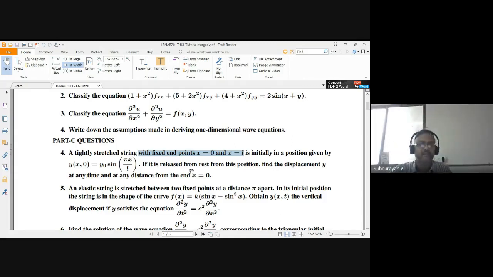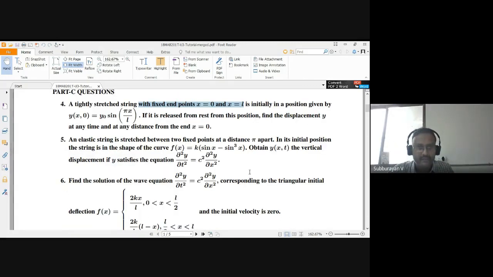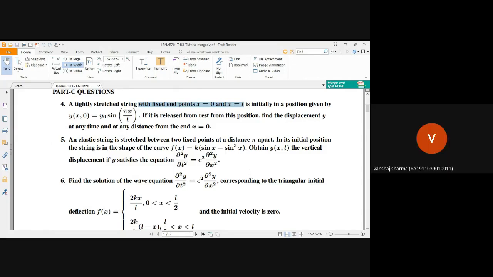Okay, so, fine. Now come to question number 5. What is question number 5? Anyone, please read the question. An elastic string is stretched between two fixed points at a distance pi apart.